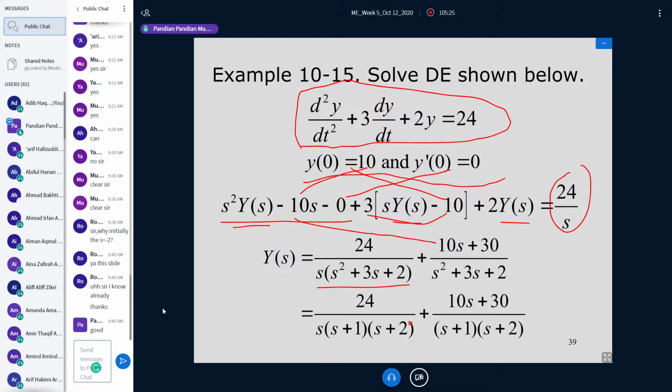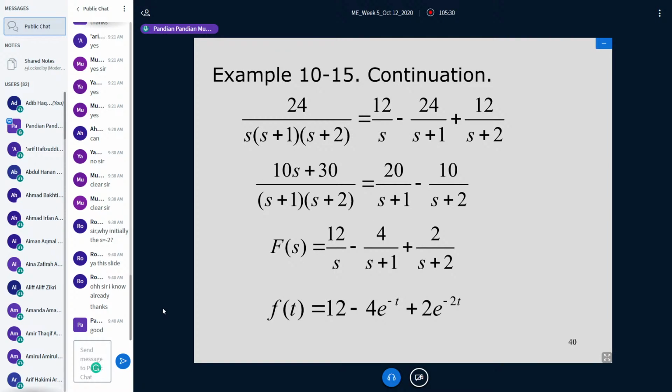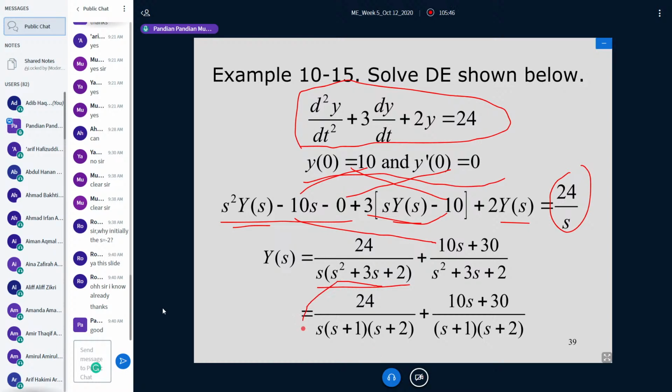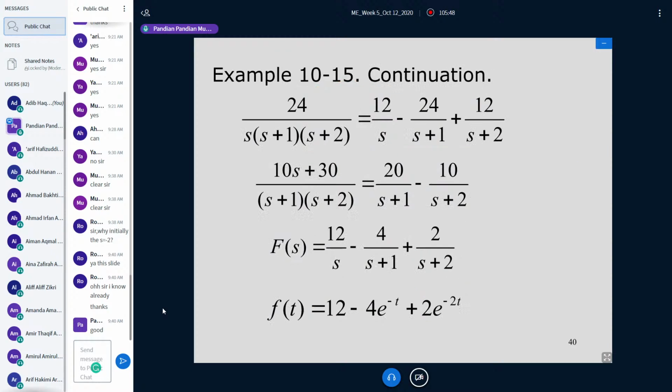Now, how do you want to use partial fraction? Partial fraction, this one is already done, so it is your job how to do this. So 24 over s, s plus 1, s plus 2 equals A over s, B over s plus 1, C over s plus 2.